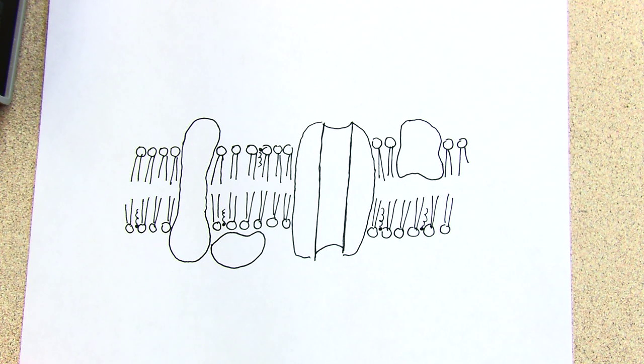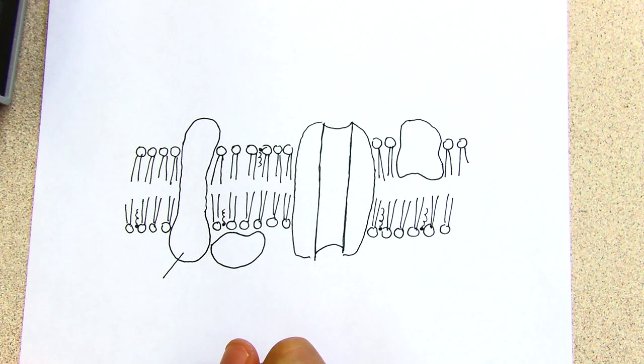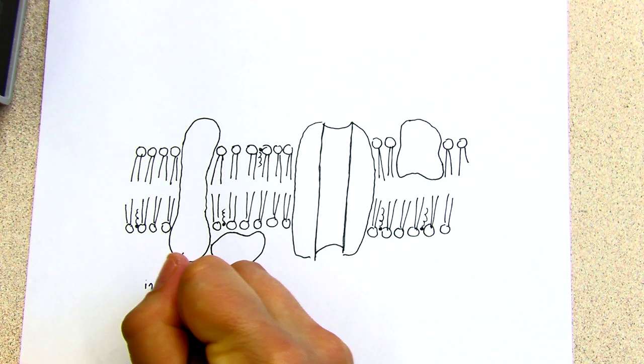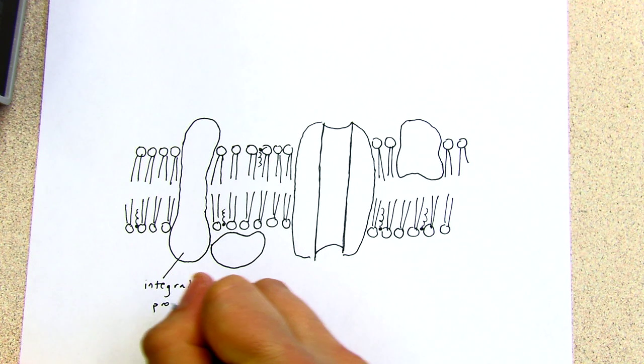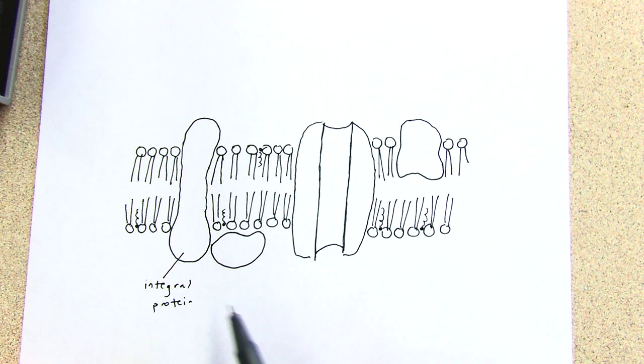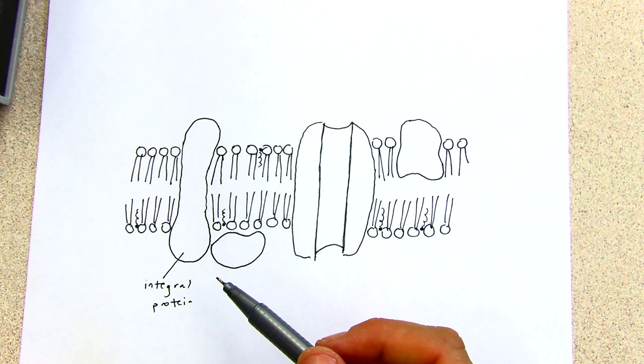I'm going to start to label my proteins. So this protein that extends into the hydrophobic region of the cell membrane is an integral protein. And because it spans the whole cell membrane, we can also call it a transmembrane protein.